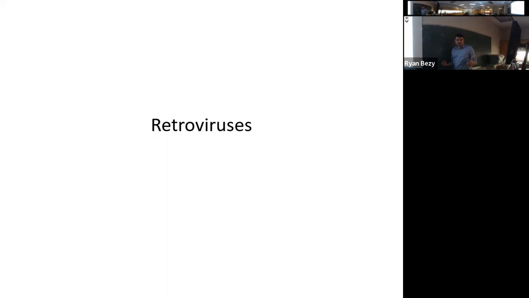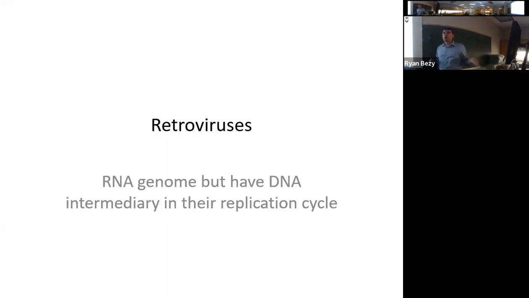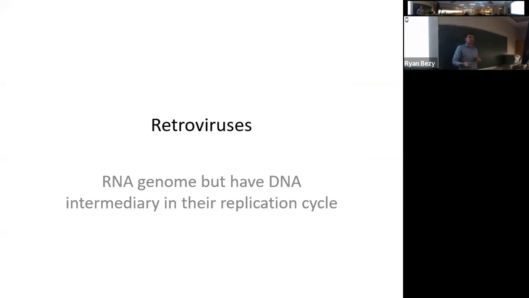Retroviruses do have an RNA genome, but their life cycle is more complicated. Retroviruses are specifically types of viruses that have an RNA genome, but at some point in their replication cycle, their genome is also going to enter into a DNA intermediate stage.